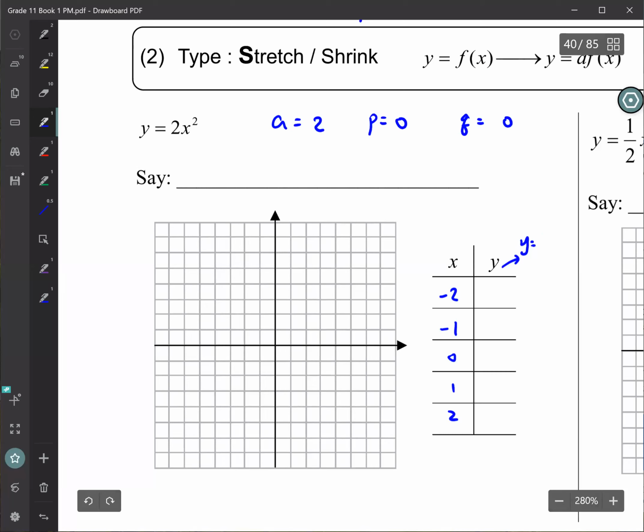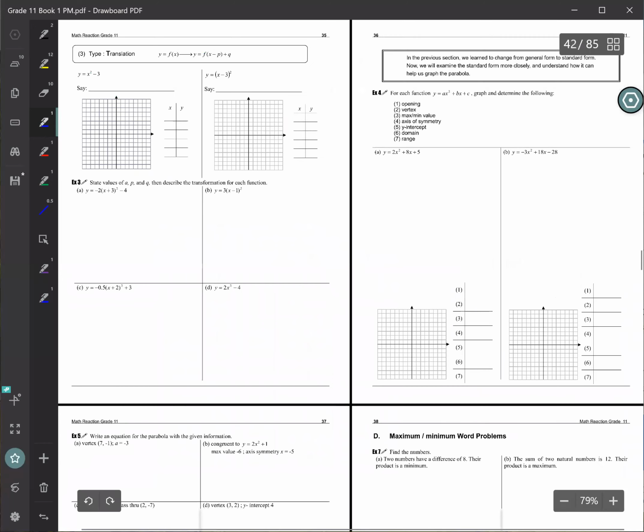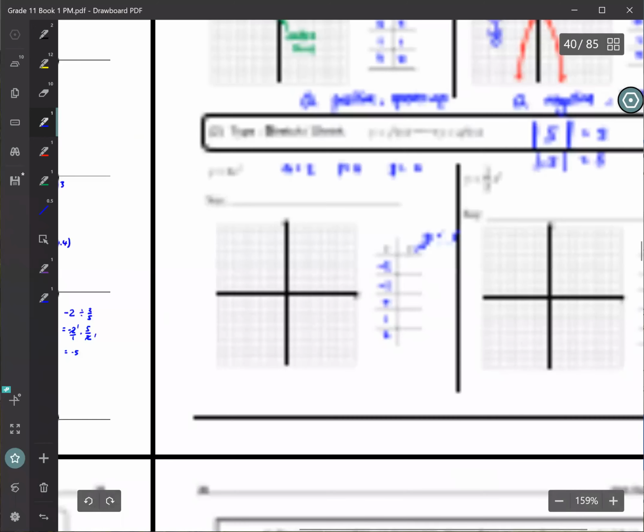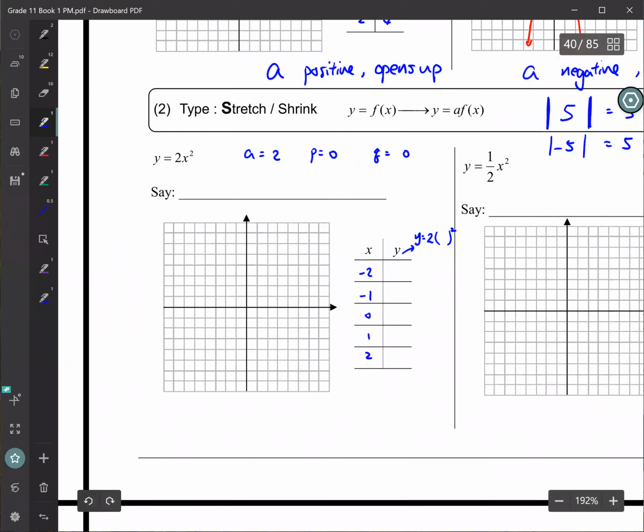Take the x, square that, and after you square, you times it by 2. Follow the order of operations: exponent first, then times 2. Please raise your hand when you finish both the graph and the table.